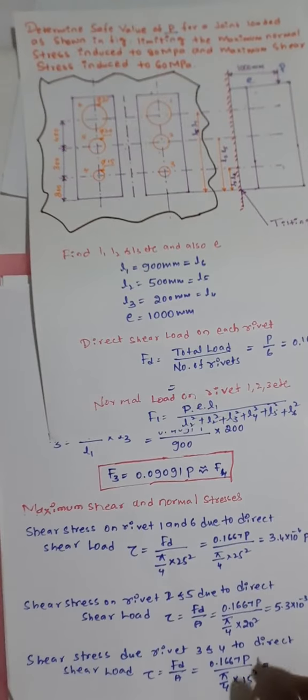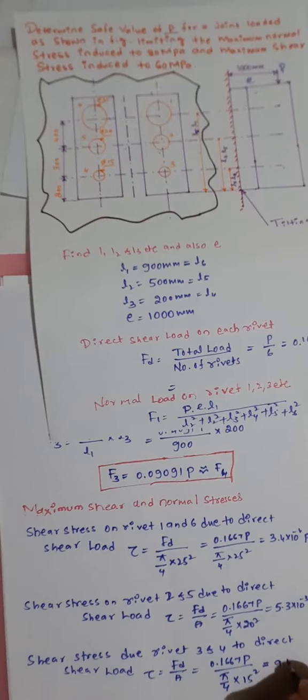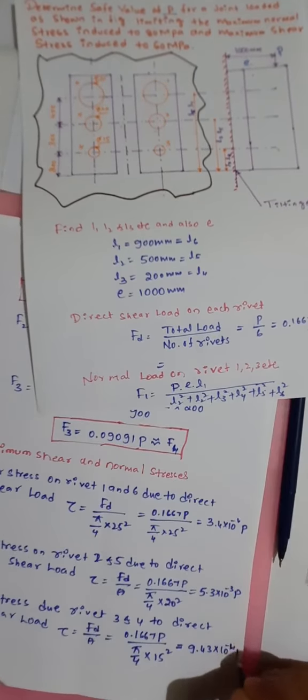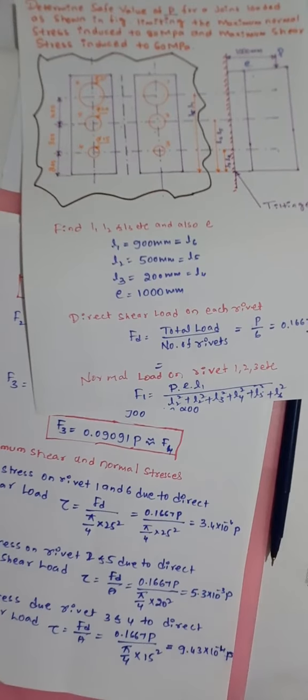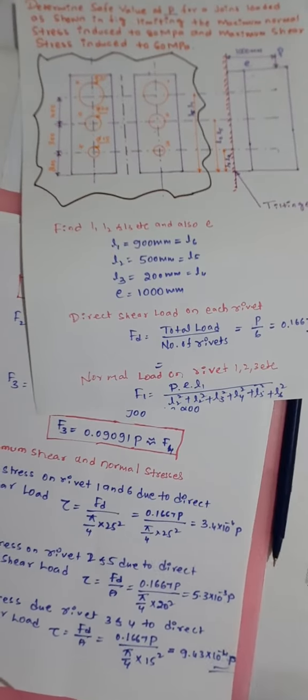If you simplify here, we'll get 9.43 into 10 to the power minus 4 P. This is the value we'll get.